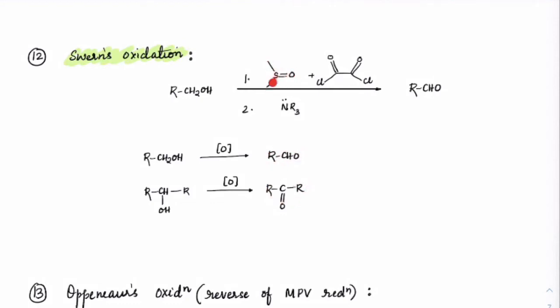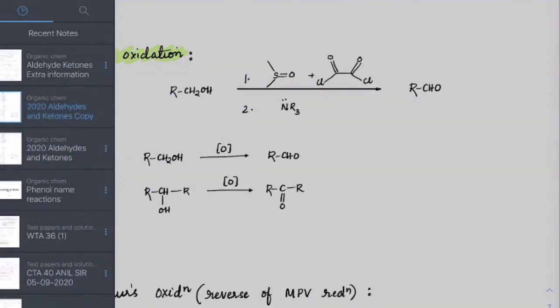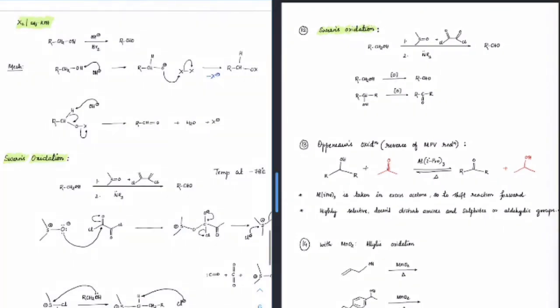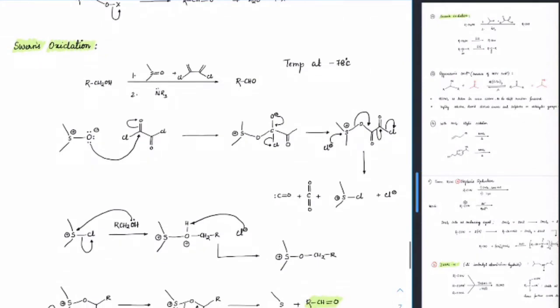This is done in the presence of DMSO, and you can see this is like an oxalyl chloride, the dichlorooxalyl group. That will convert them into aldehydes or ketones respectively. Just go through the mechanism once again here.